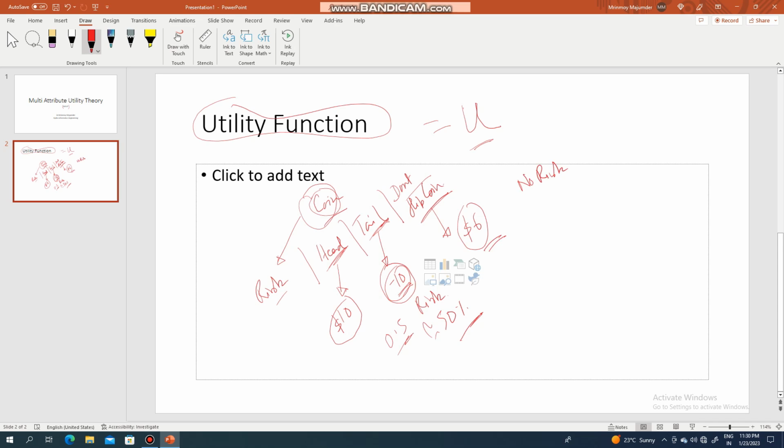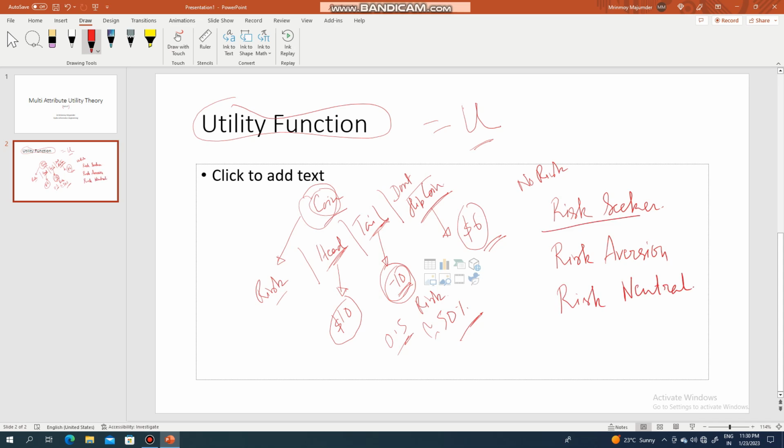So, there are three types of person. One person will take the risk, who is known as a risk seeker. Another type of person will try to avert the risk, and another type of person will be risk neutral.